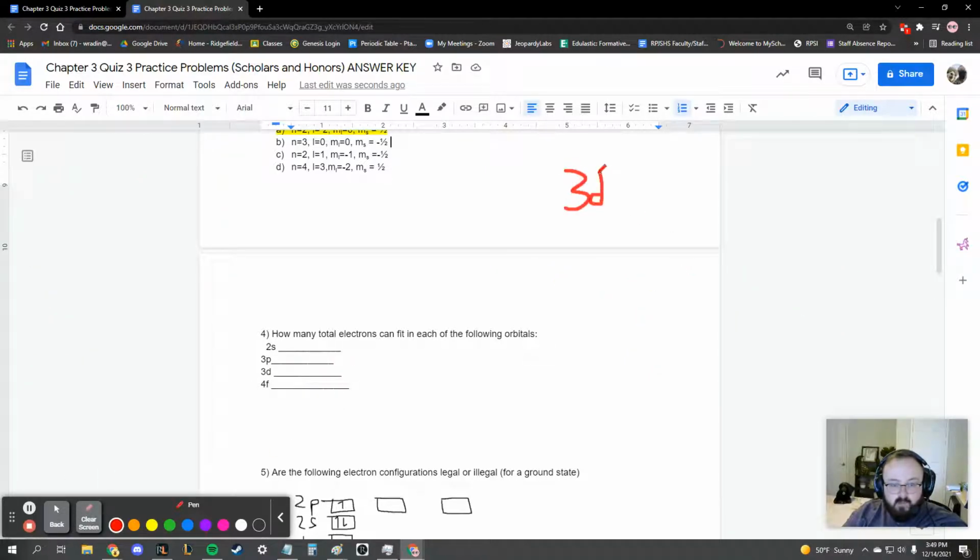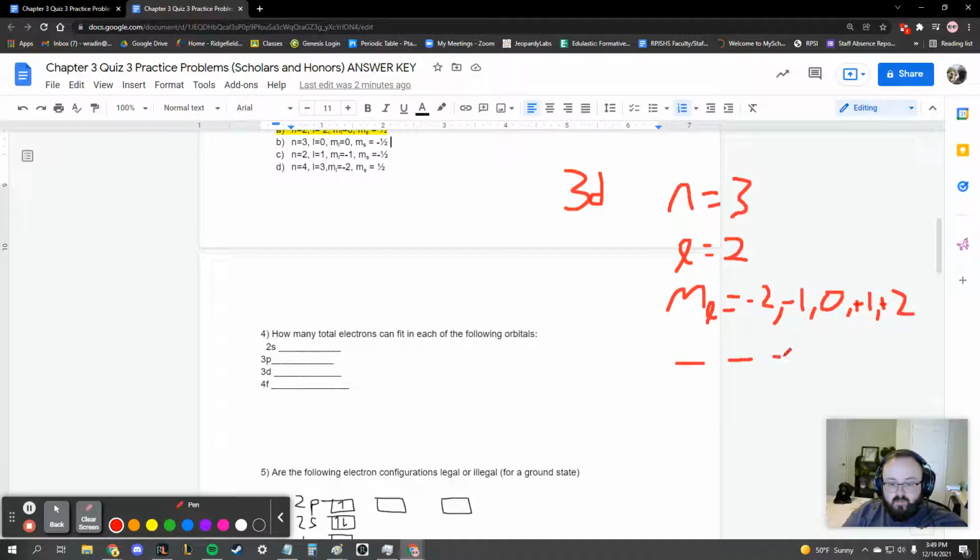3d means that our n equals 3, our L equals 2, which means that the M sub L equals -2, -1, 0, +1, and positive 2, which means there are 5 different orbitals in there, which we can fit 10 electrons in. We have 10 electrons in the 3d orbital.